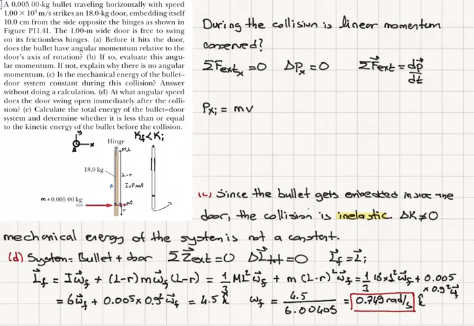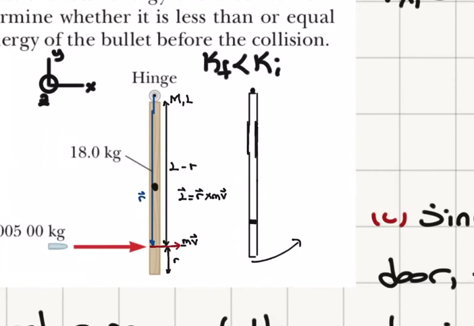So if I try to write linear momentum conservation, I would say initially I have a linear momentum mv, and finally I should have a linear momentum capital M omega final times L over 2, because this is the center of mass here and this is at a distance L over 2 from the side.